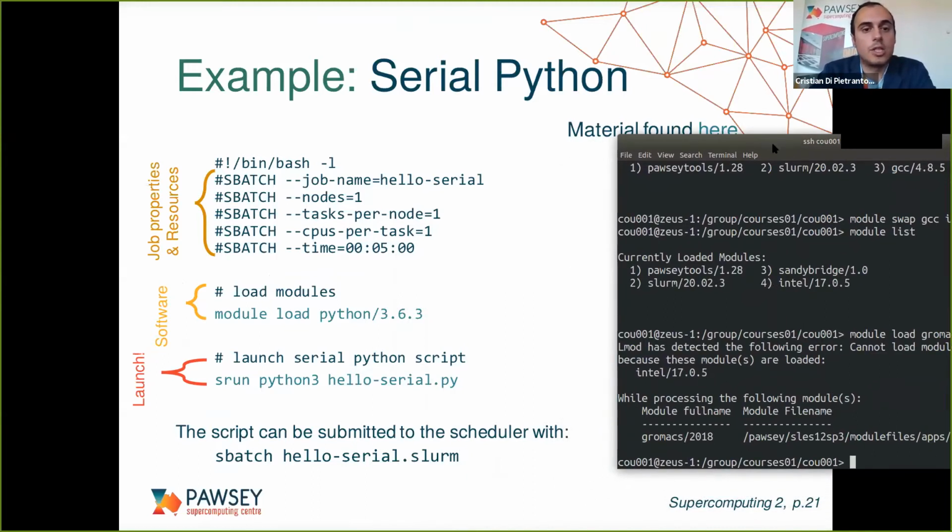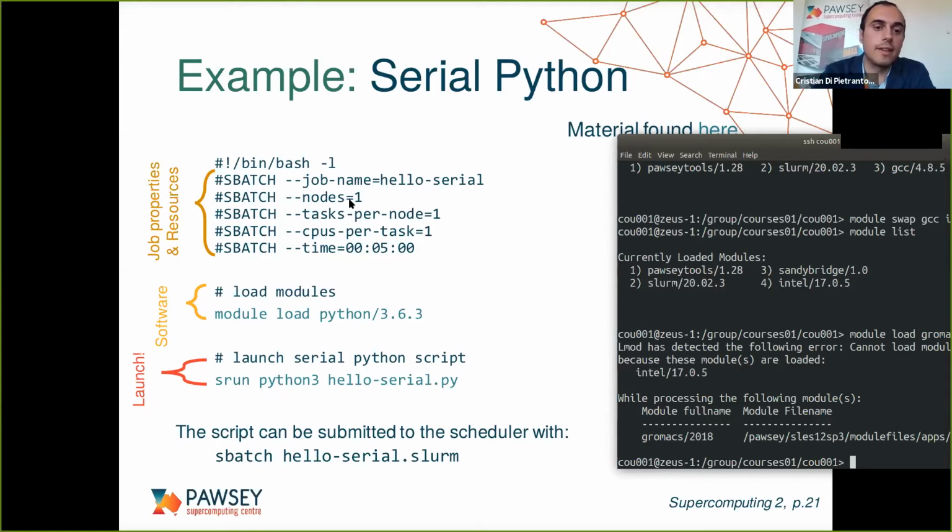Typically a job script has several sections. The first one comprises several comments. There are special comments that start with SBATCH, and those comments define the resources to be allocated for the job.